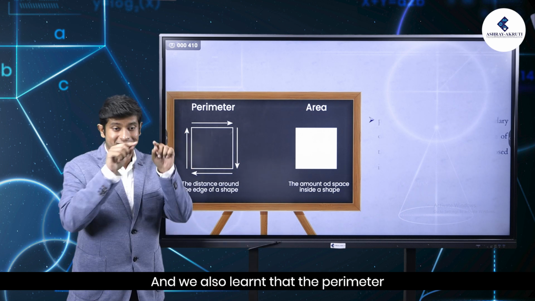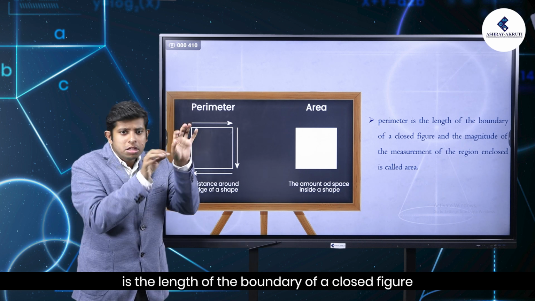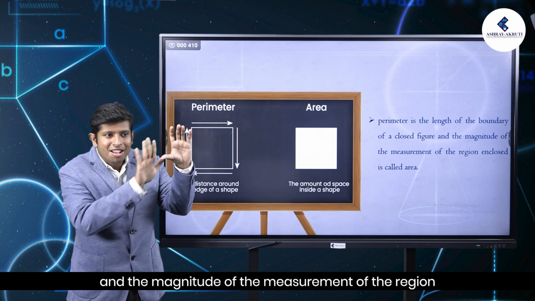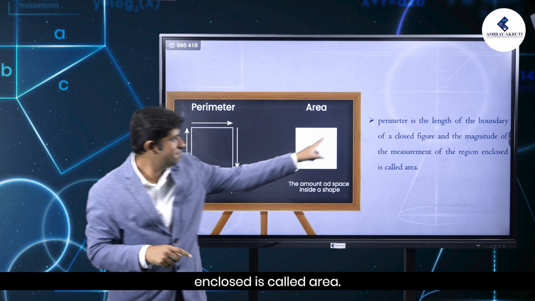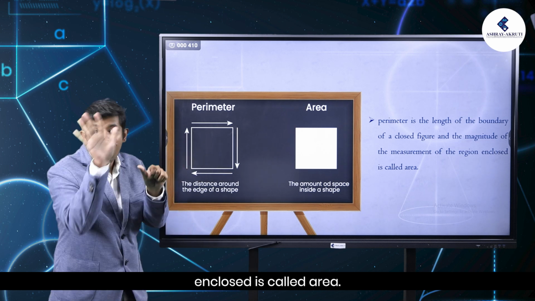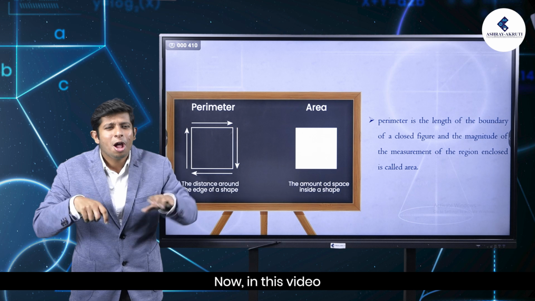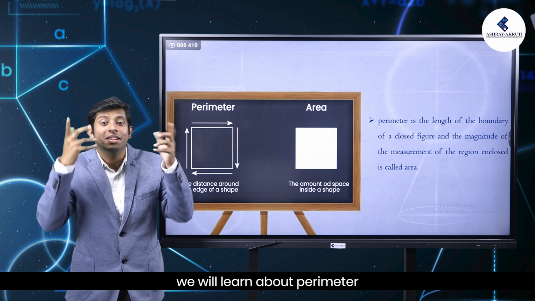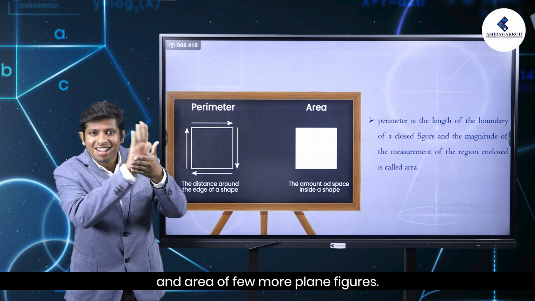And we also learned that the perimeter is the length of the boundary of a closed figure, and the magnitude of the measurement of the region enclosed is called area. Now in this video, we will learn about perimeter and area of few more plane figures.